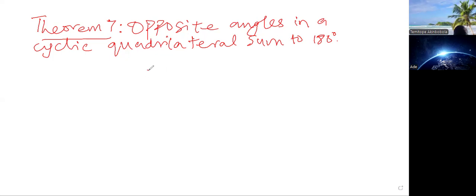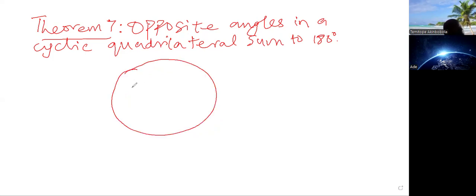And what does that mean? This is what it means. You have a cyclic quadrilateral, which is a quadrilateral in a cycle. So you have a cycle, and embedded in that cycle is a quadrilateral.